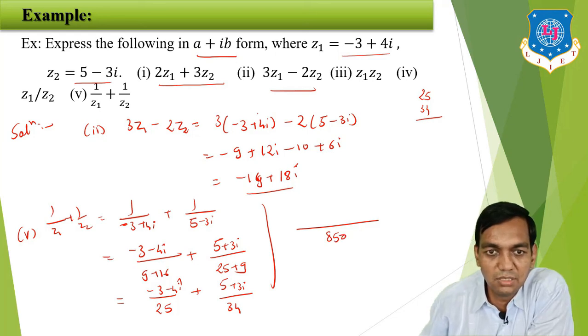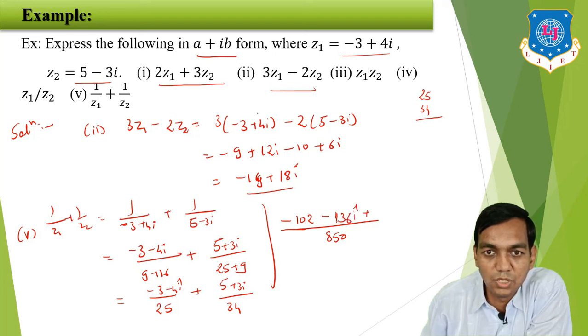Now here multiply with 34, so 34 into 3 will be 102, minus 34 into 4, so it will be 136i, plus 25 into 5, 125, plus 75i.